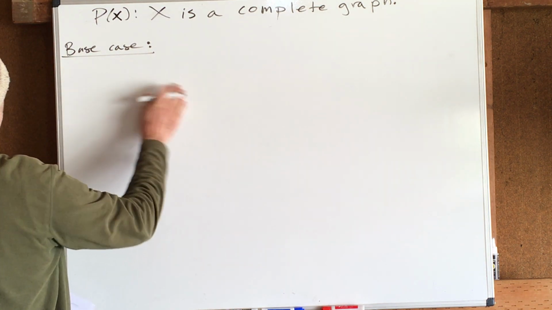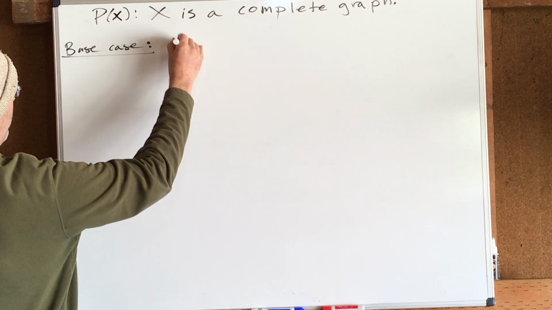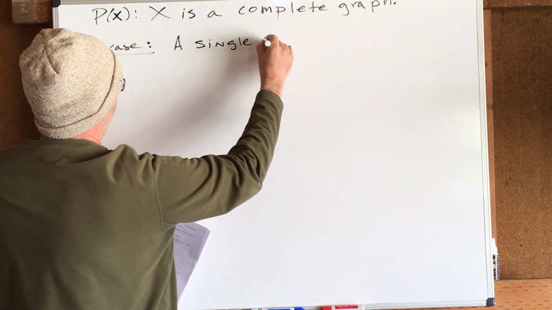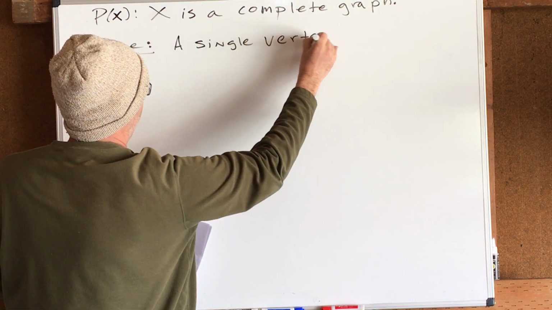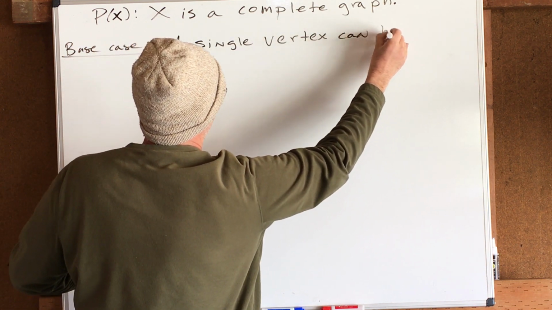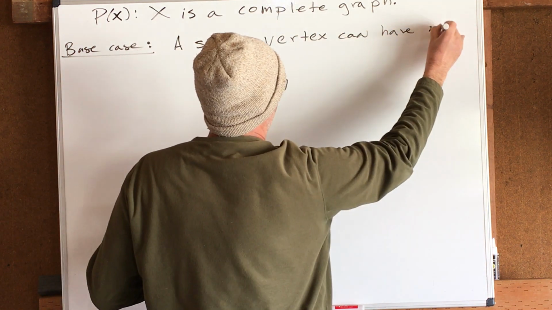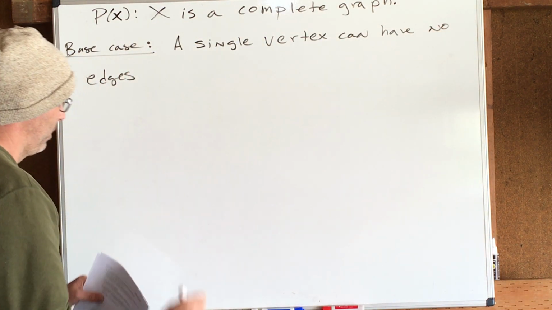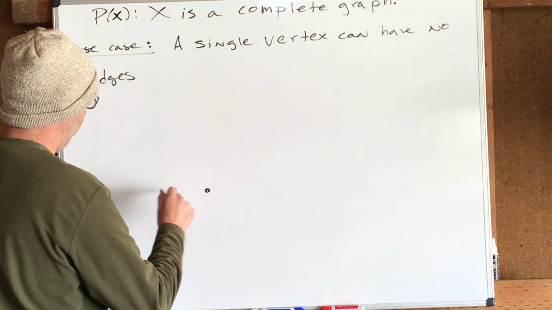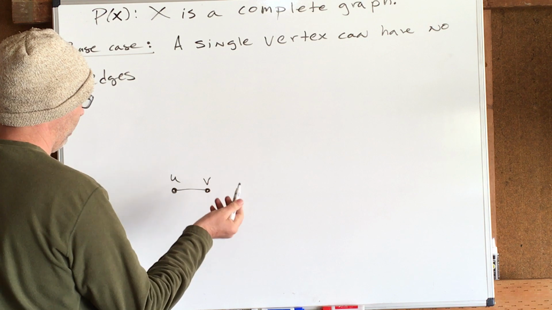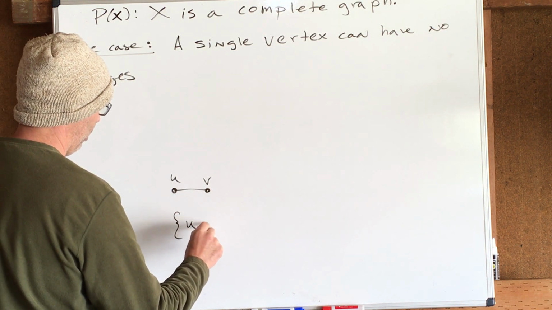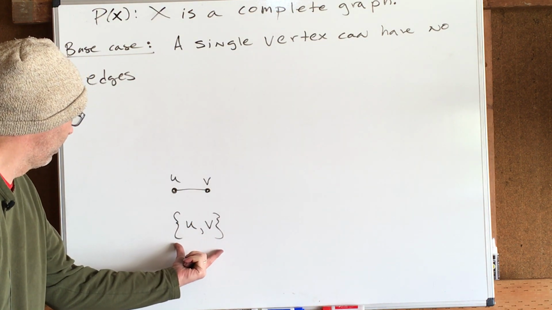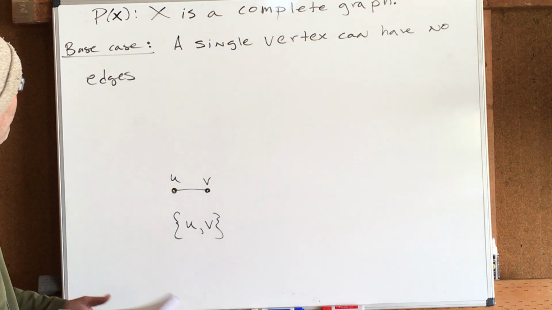A single vertex can have no edges. This is because, remember, an edge, let's say u and v, is really defined as a two-element subset of the vertex set.